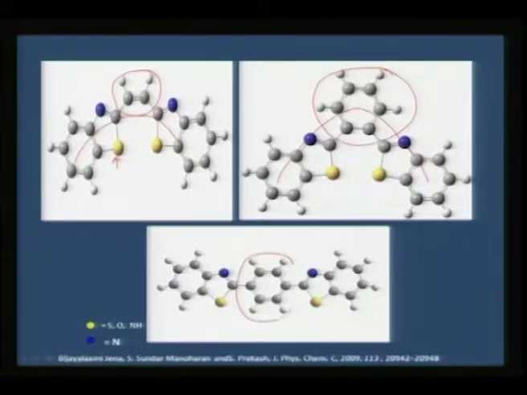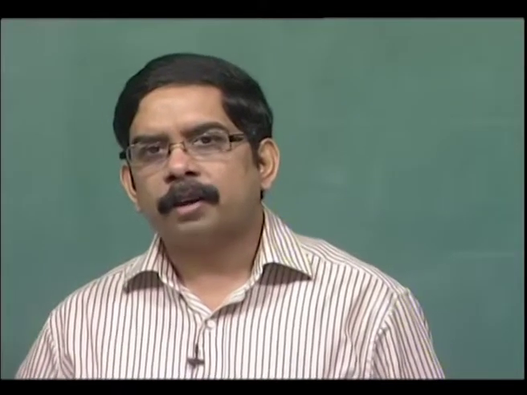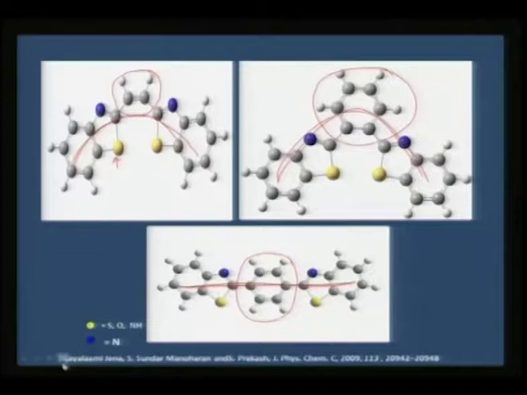Therefore you can have a linker like this and substitute the Benz thiazole in the 1,4 position. So the electron pathway will be in this direction. So if it is either this way or this way or this way, how the electron delocalization in these molecules affects the PL emission is what is to be studied.